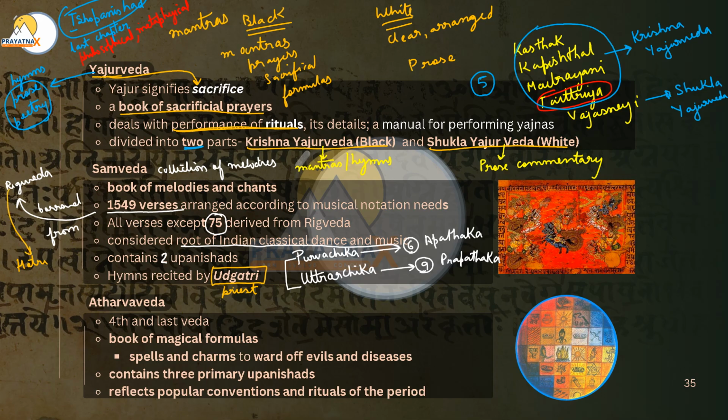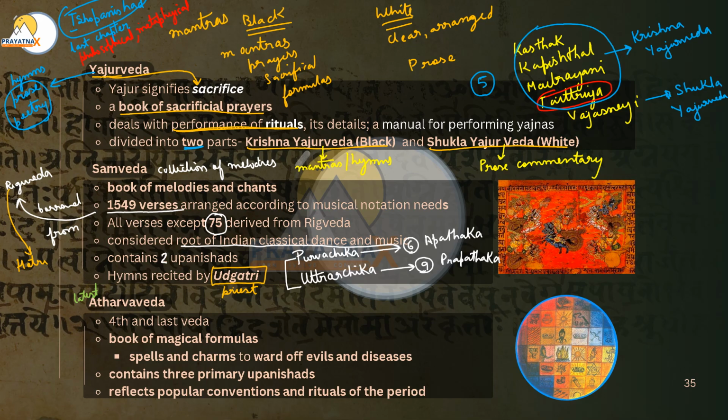Now moving on to Atharvaveda, it is the latest Veda and it contains hymns, some of which are from Rigveda, but also contains spells and charms which reflect various aspects and popular beliefs and practices.